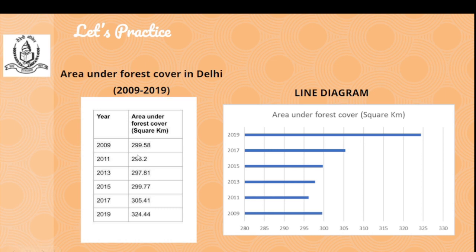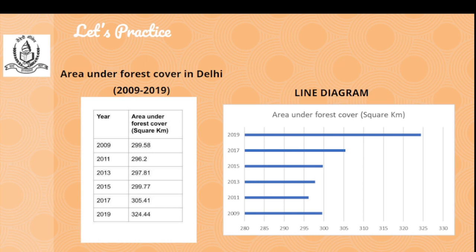Here you can see that for 2009 the area under forest cover is 299.58 square kilometers. So a horizontal line proportional to the said observation has been drawn here to represent the exact value of the data. With the help of such a diagram we can easily represent the different categories of data, and also the different frequencies observed for the variables under consideration.